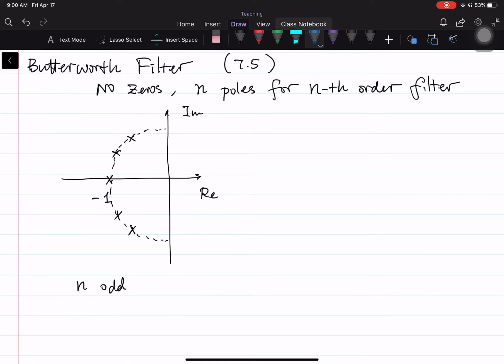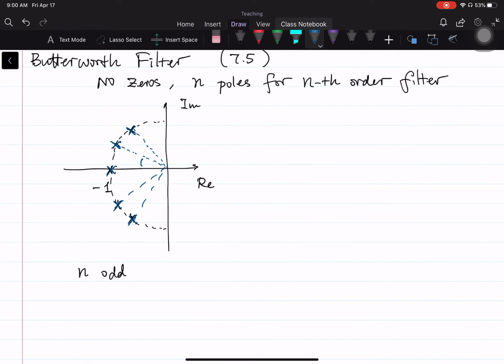I'll use a different color to show where they are. All right, so the angle that separates each pair of poles is exactly equal to pi divided by n. Same here, pi over n, pi over n, and so on.